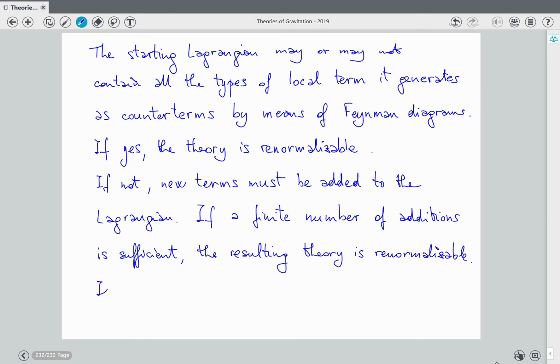If not, the theory is non-renormalizable.